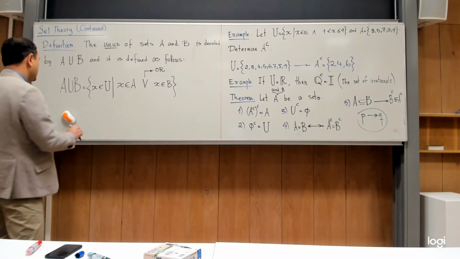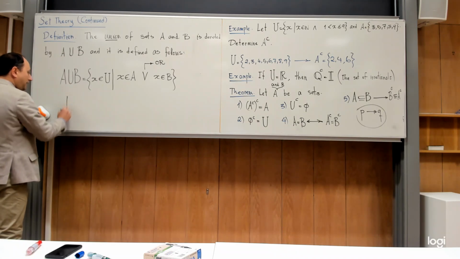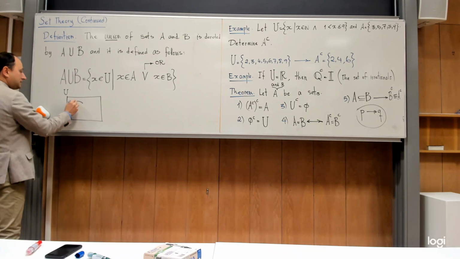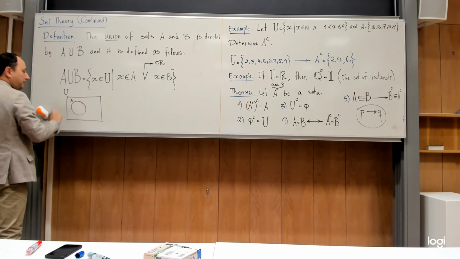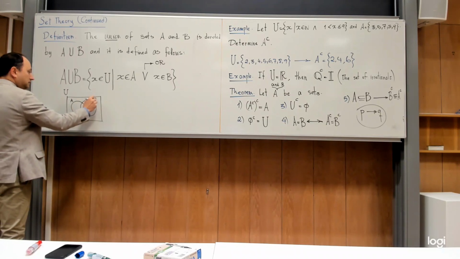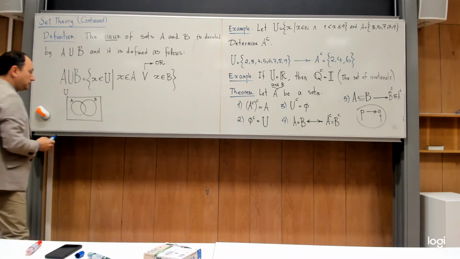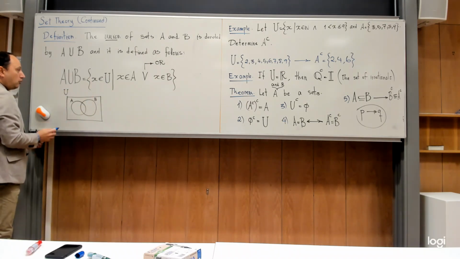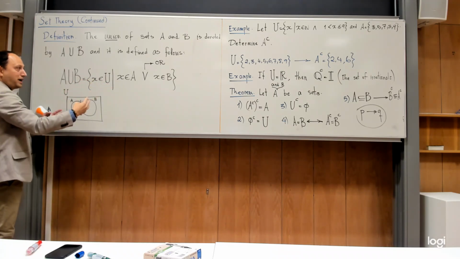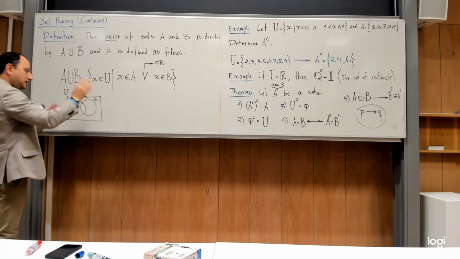Be careful about this. So let me draw a Venn diagram for you. If I have this, the universal set. Assume that I have a set here, A, and I have another set, B, that has partial overlap with it. If I ask you, can you represent A union B for me? You would say, I am only interested in those elements that are either in A or in B, which automatically means that even if it is in both A and B, it's acceptable.